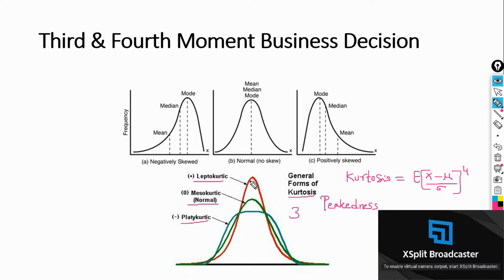See, if you observe positive kurtosis, in this graph you observe the peak, how big it is. We'll get a tall peak with long tails. So that is nothing but positive kurtosis.